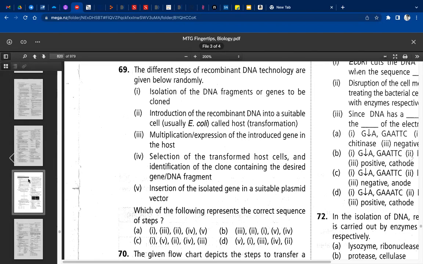Yes, Atif, correct. That's correct option. Hiba? Perfect. So all three of you have chosen the correct option, which is option C.